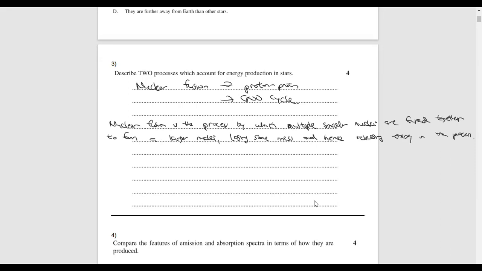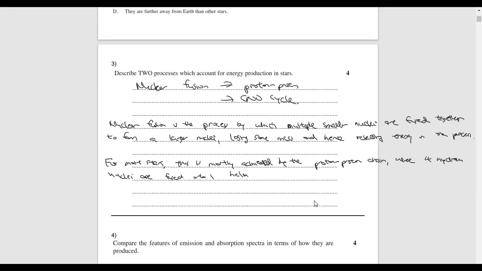For main sequence stars, or even most stars, this is mostly achieved by the proton-proton chain, where 4 hydrogen nuclei are fused into 1 helium nucleus.